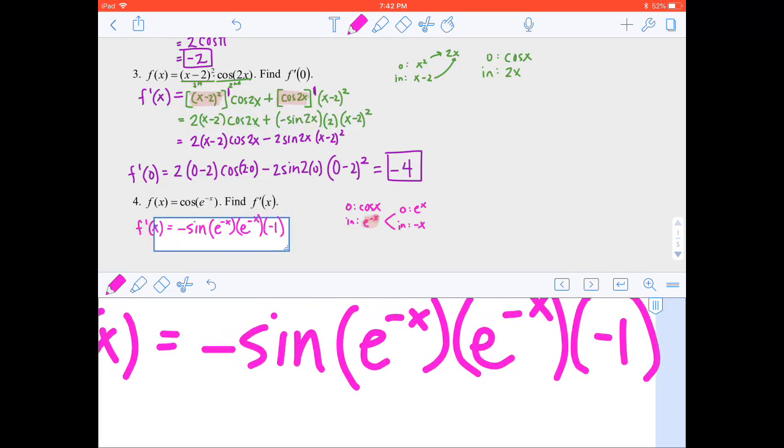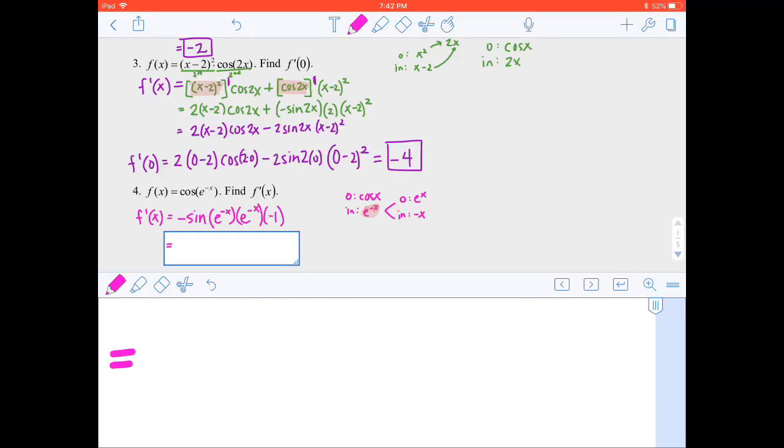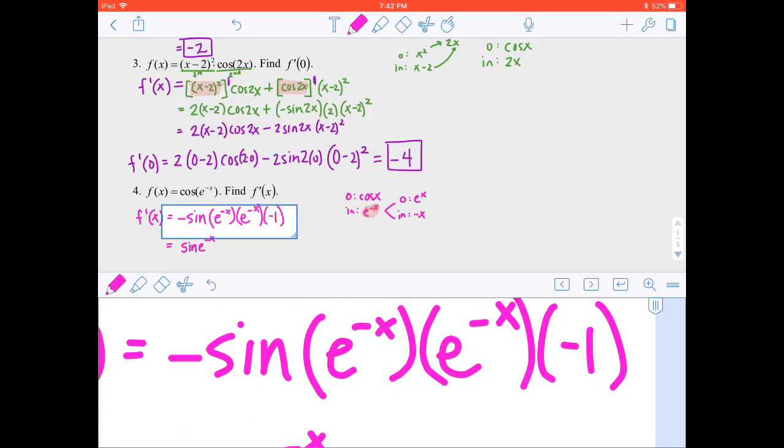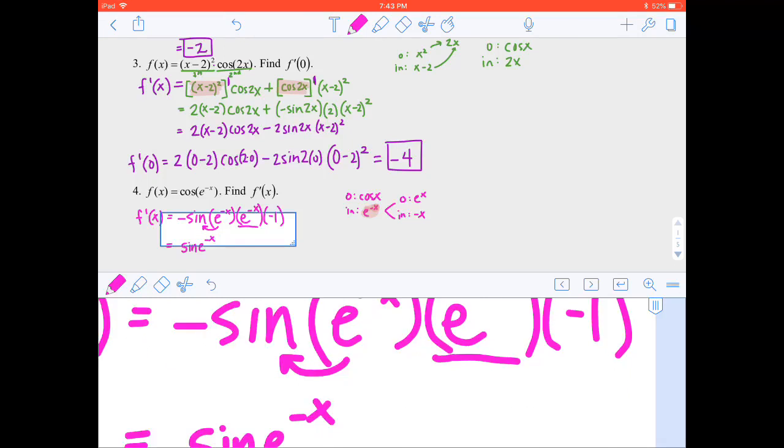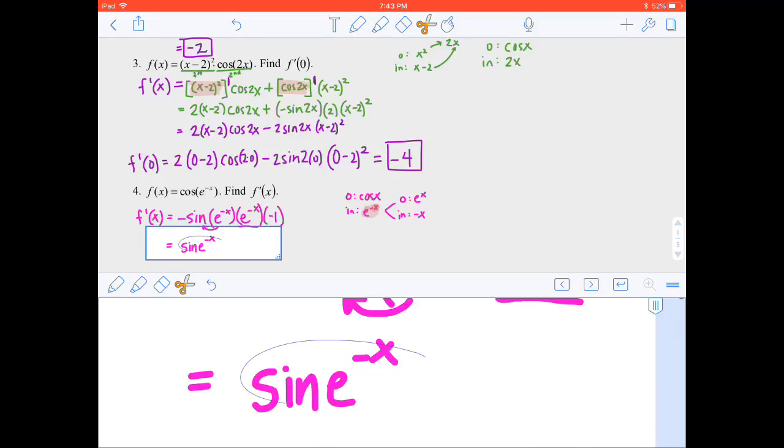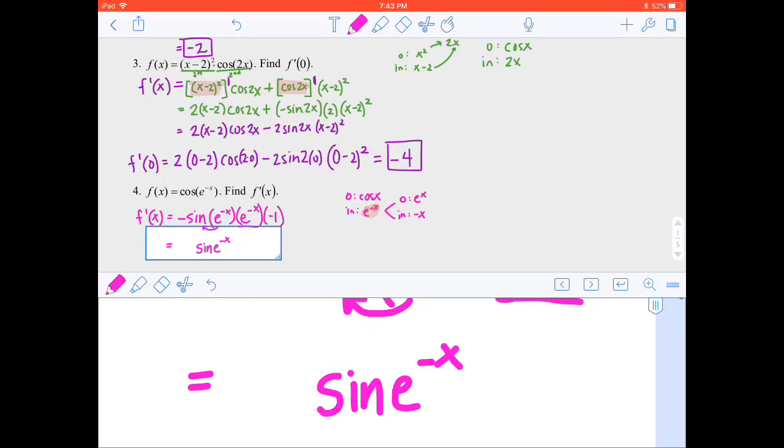From here we simplify. Negative times negative gives us a positive sine e to the negative x. And what I'm going to do actually, because this e to the negative x is plugged into sine, but this one is just being multiplied, I'll put that e to the negative x in front there, so it doesn't get confusing, and that way I can avoid having to write parentheses at the end there.